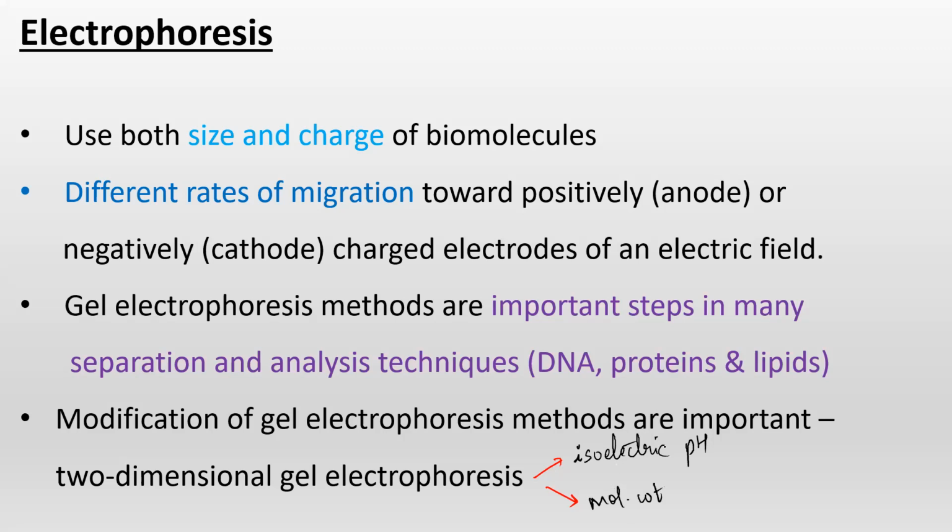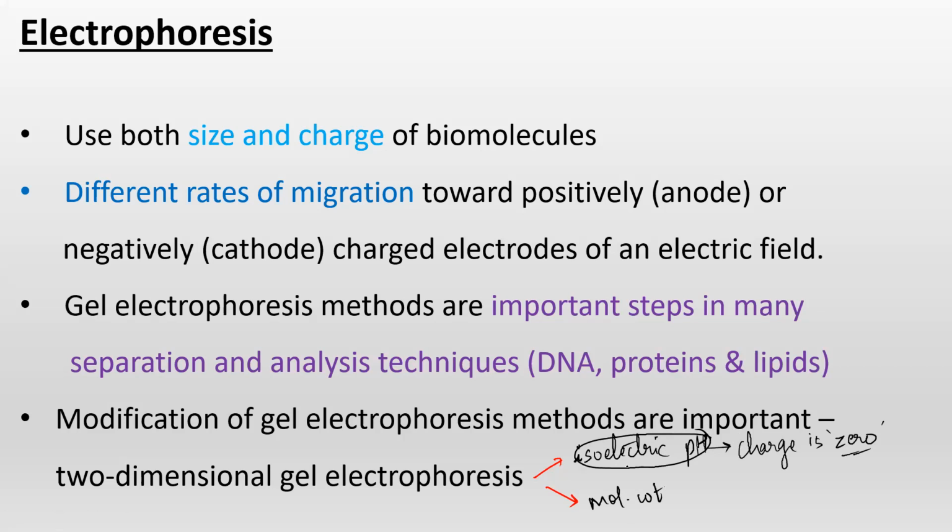You first run a separate isoelectric pH gel. You make a tube gel, you load your sample, you find the isoelectric pH. What is an isoelectric pH? A pH where the charge on the protein is 0. It will contain an equal number of positive and negative charges. So you will find out the pH of that particular biomolecule where the charge on it is 0.